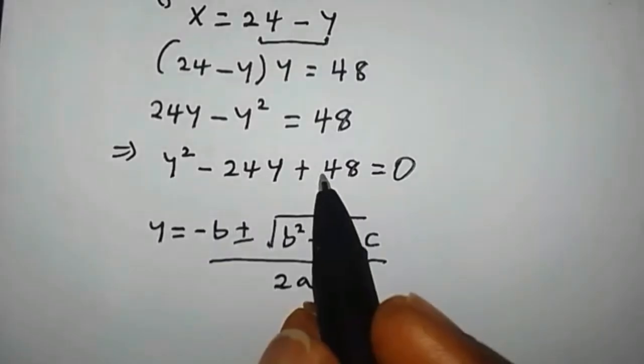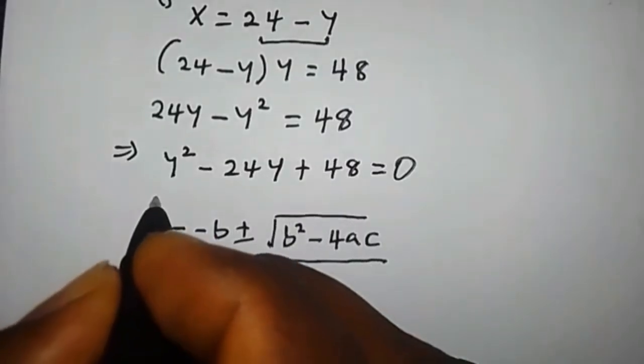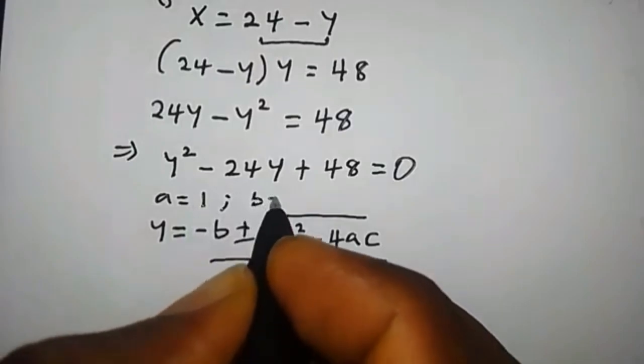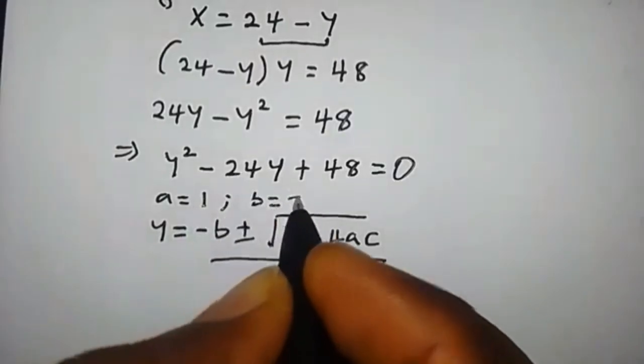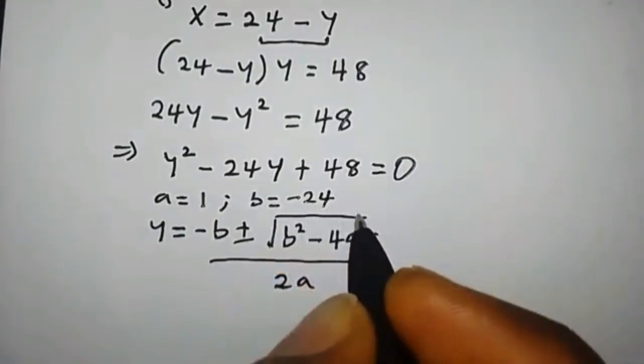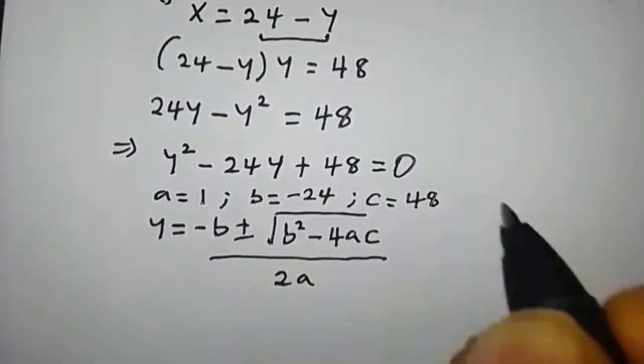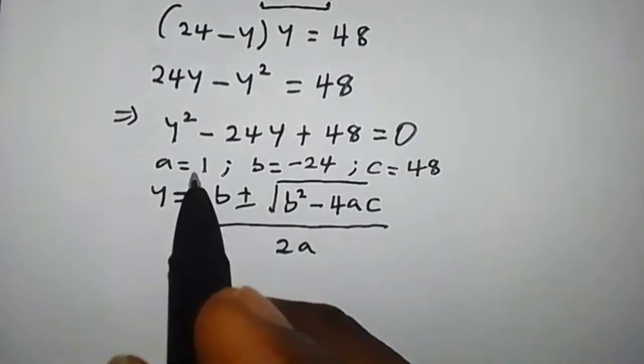From this equation, it is obvious a is equals to 1, b is equals to minus 24, and c is equals to 48. Those are the values of the constants.